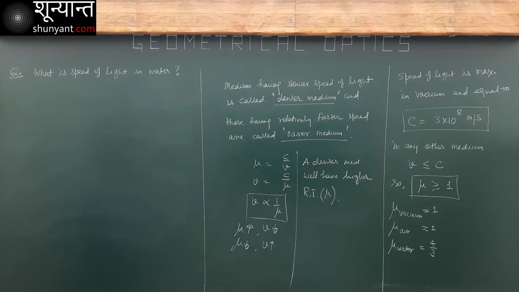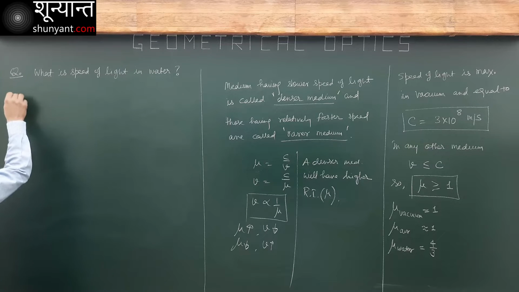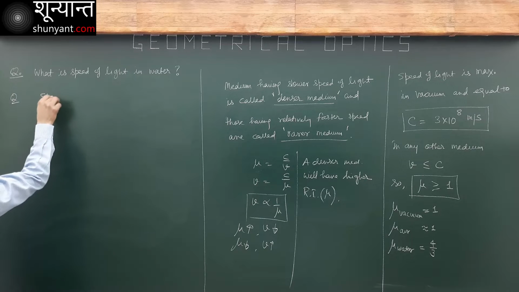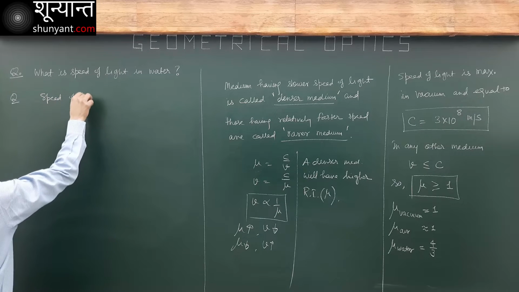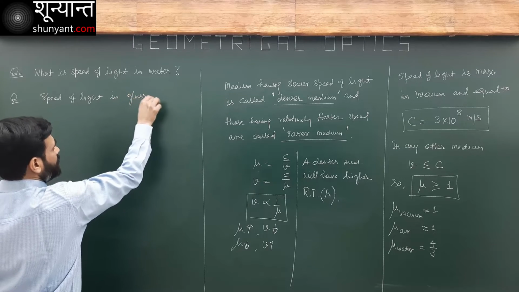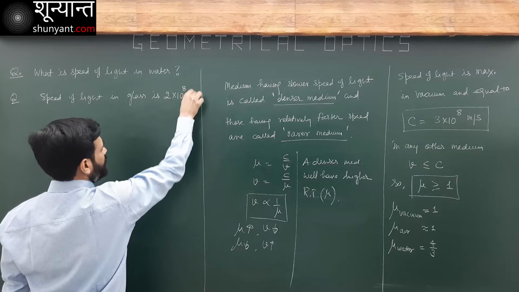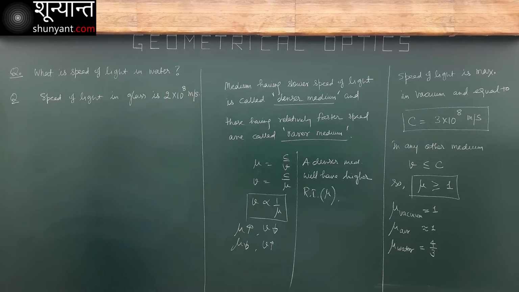Speed of light in water. First question. Second question. Speed of light in glass is 2 into 10 power 8 meter per second.